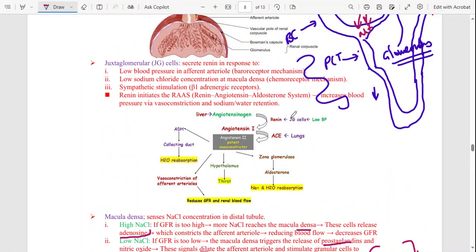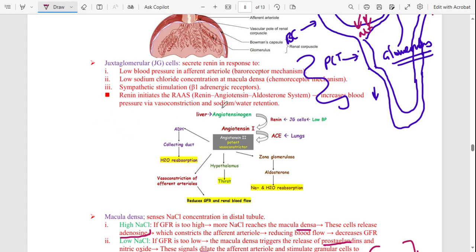Now what remains is, what do the JG cells do? The juxtaglomerular cells respond to three things mainly. Number one, they respond to blood pressure. Number two, they respond to the levels of sodium. Number three, sympathetic stimulation.